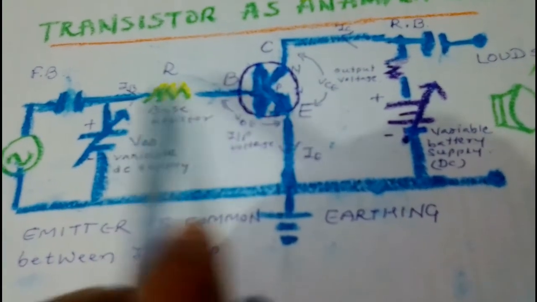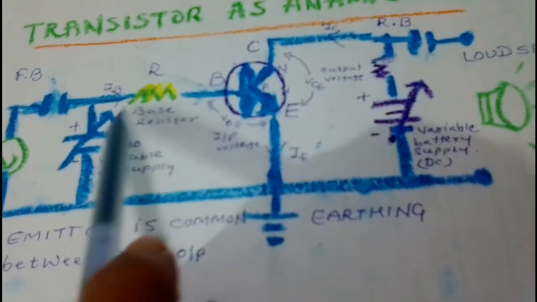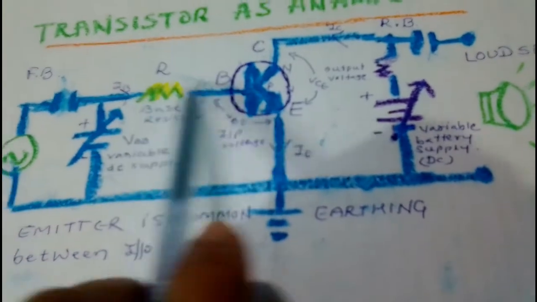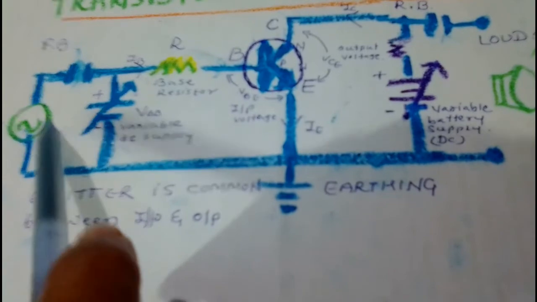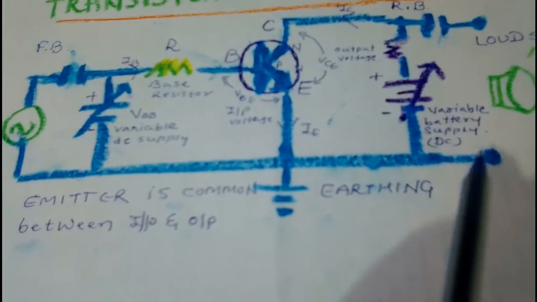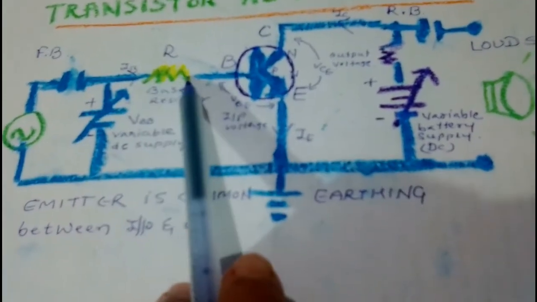A resistance is connected to the base, and one more DC supply is connected. That is a variable supply. Now this variable supply is required, then only the base will work, and then only this input signal is converted into a larger amplitude. This input signal is coming to the base.